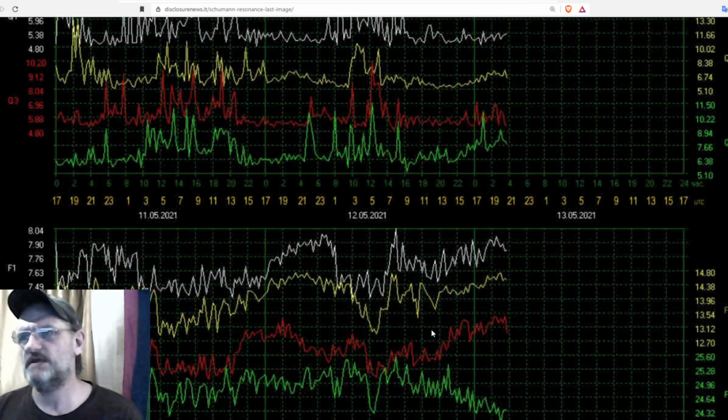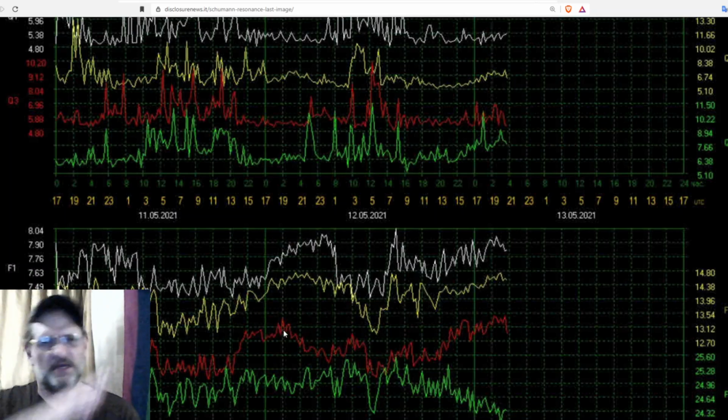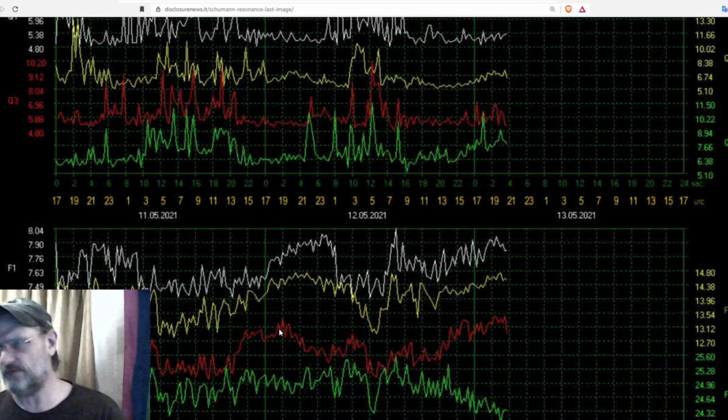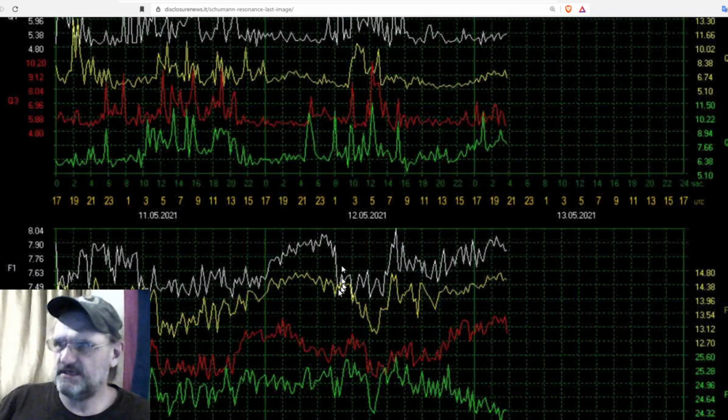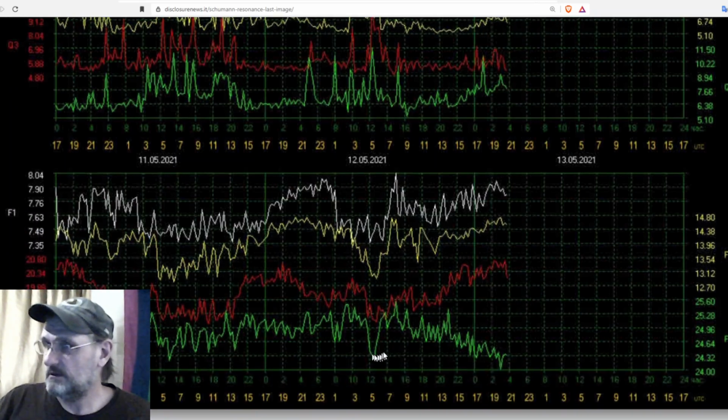I've noticed that. Over and above the diurnal, there's generally speaking a nice even curve to this. But then sometimes it will just drop like that. They're okay, but then it goes to a pretty serious dip. That's a notable dip.